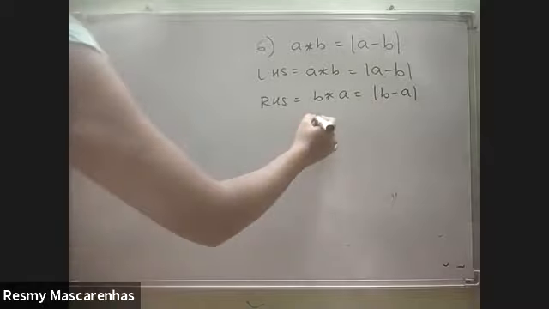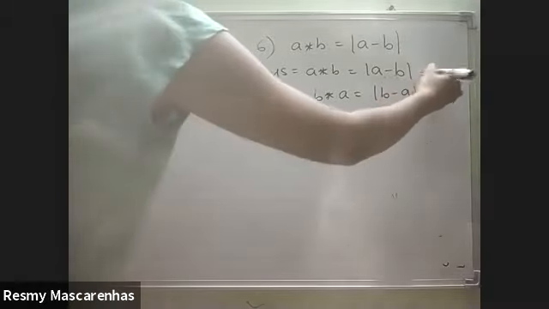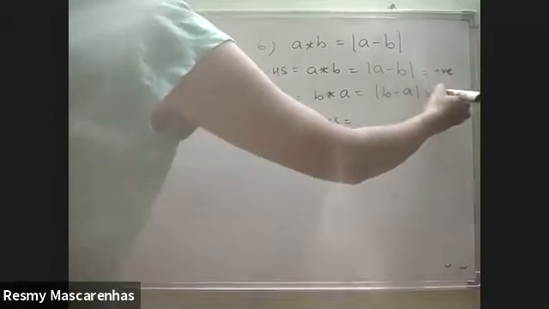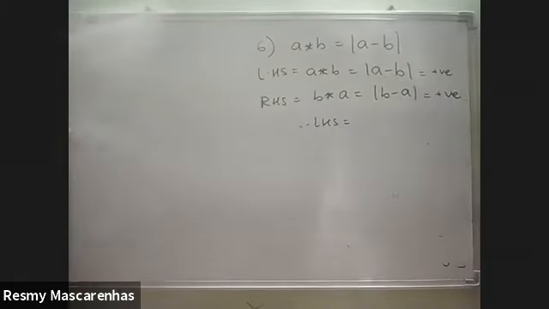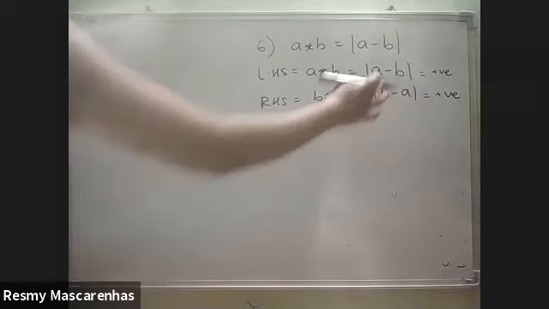So left hand side, if you want for your understanding, you can write and keep. This also will get positive answer. Second also will get positive answer only because of modulus sign.